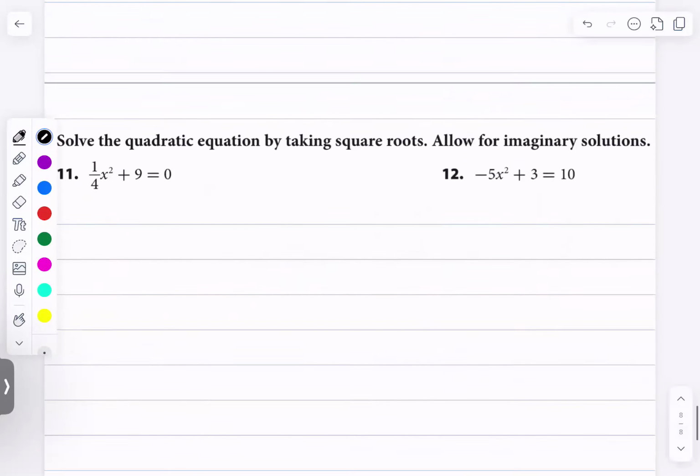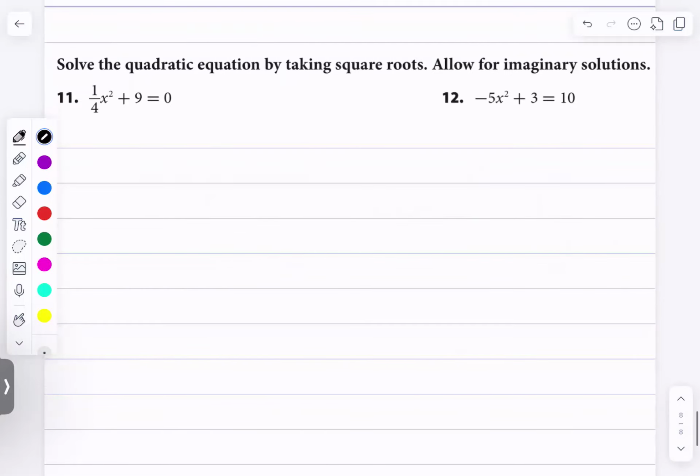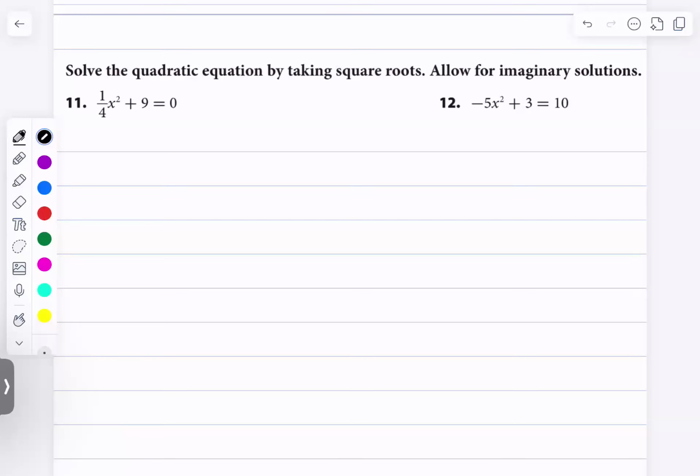All right. Try these two out. Let's go through this. So here on number 11, I am going to subtract 9. So we have 1 over 4 x squared equals negative 9. Divide or multiply by 4 to get x squared equals negative 36.